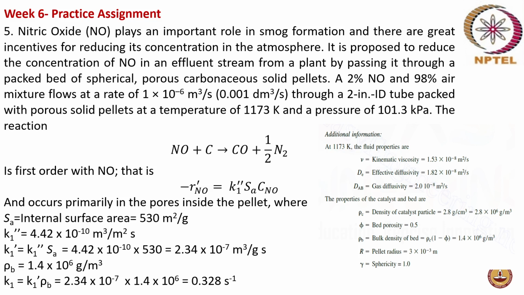A 2% nitric oxide and 98% air mixture flows at the rate of 1 times 10 to the power minus 6 meter cube per second, that is 0.001 decimeter cube per second, through a 2-inch internal diameter tube packed with porous solid pellets at a temperature of 1173 Kelvin and a pressure of 101.3 kilopascal.